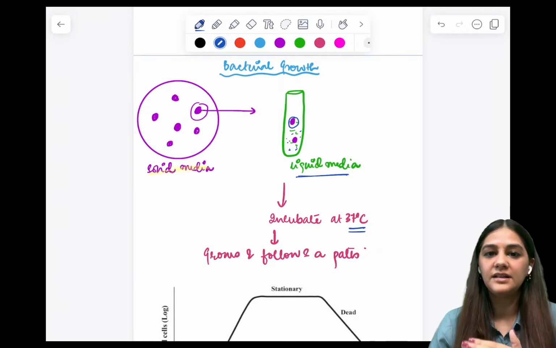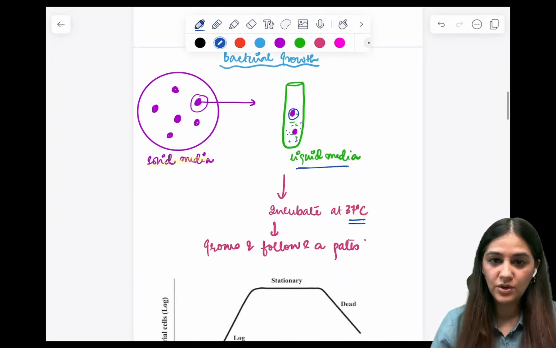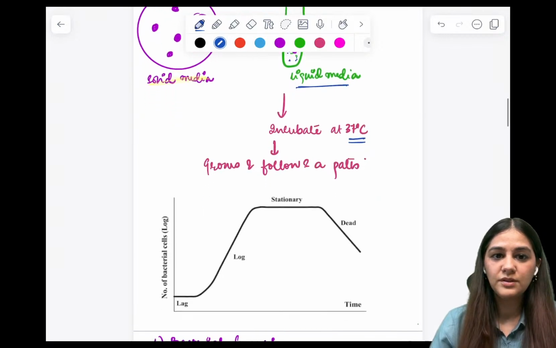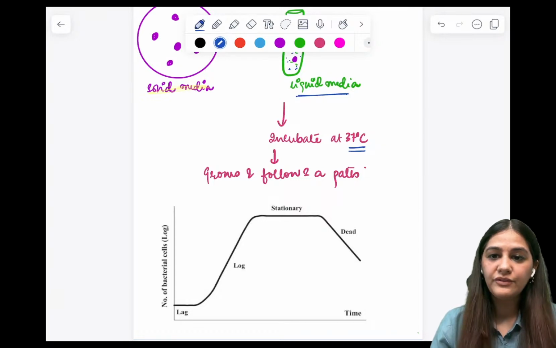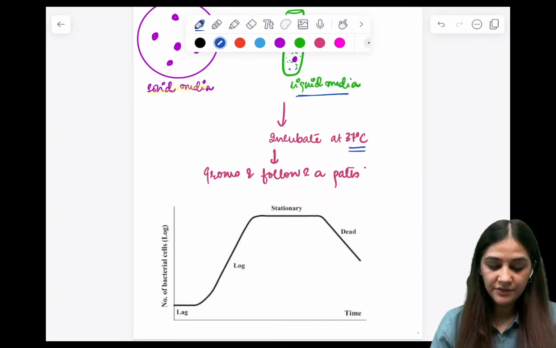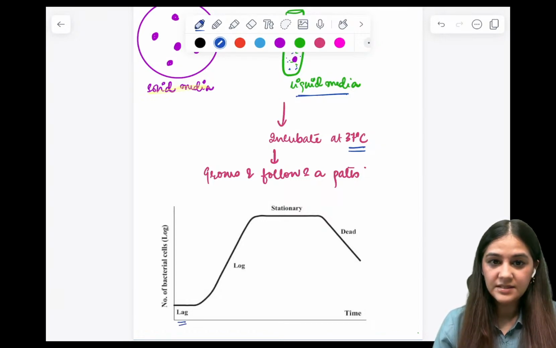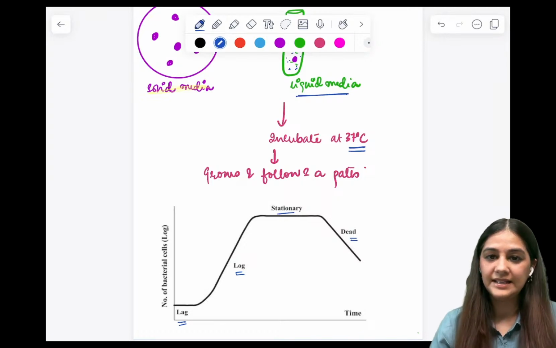And then the bacteria grows and follows a path. So what is that path? This is what the bacterial growth curve looks like. There are mainly four phases in the bacterial growth curve. One is your lag phase, then there is a log phase, a stationary phase, and then a decline phase.